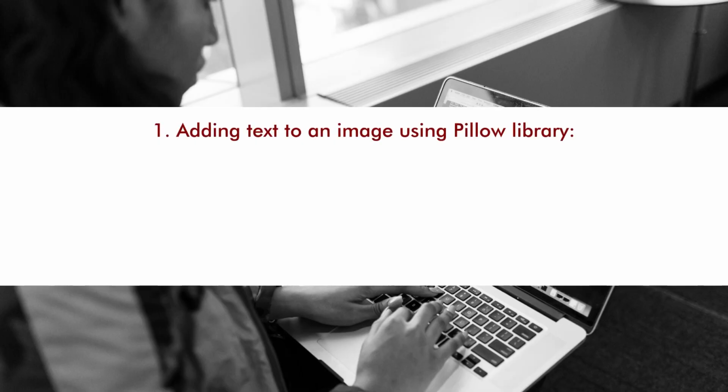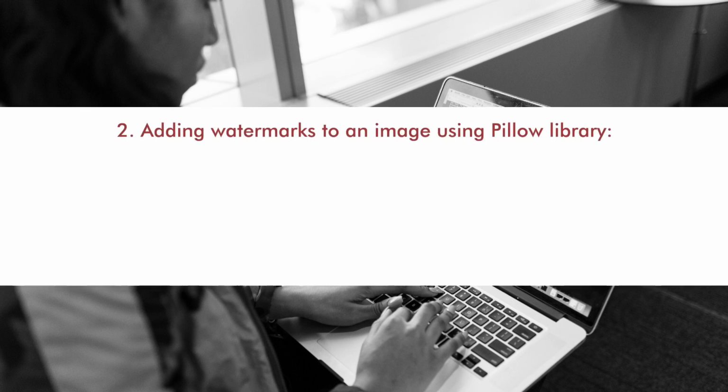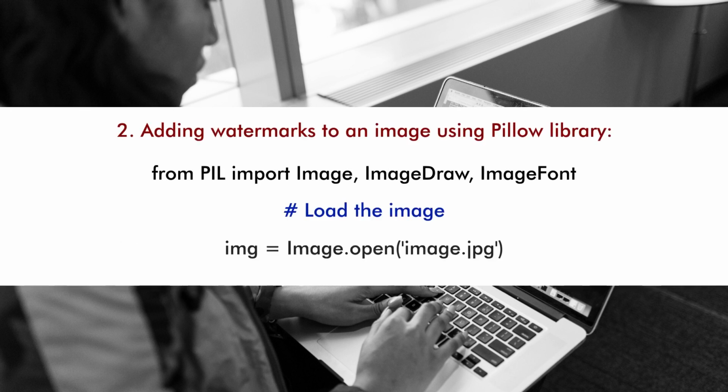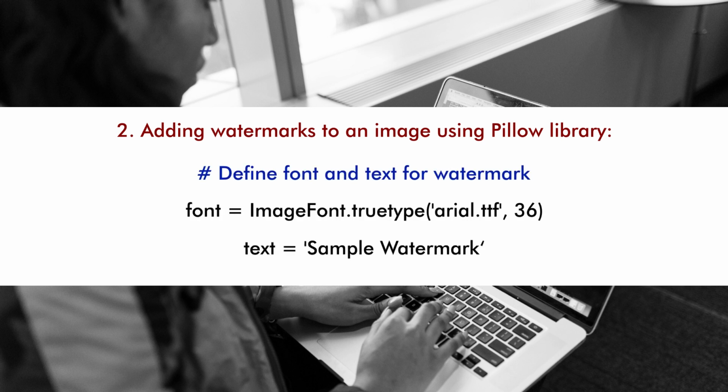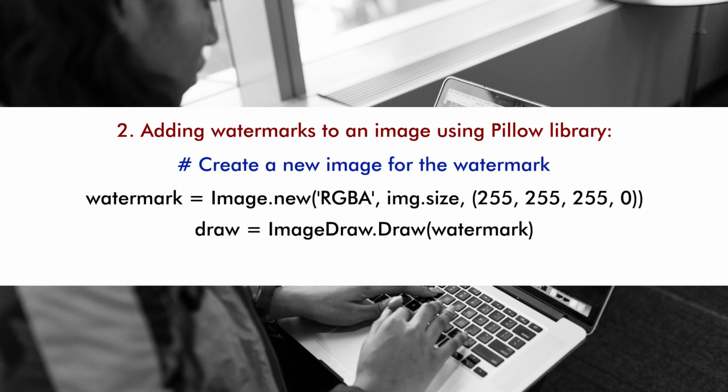So, adding text to an image using the Pillow library, this is the code. By this code, we can identify how to use that Pillow command for text. Then adding a watermark to an image using the Pillow library, this is the code through which we can add the watermark to an image.